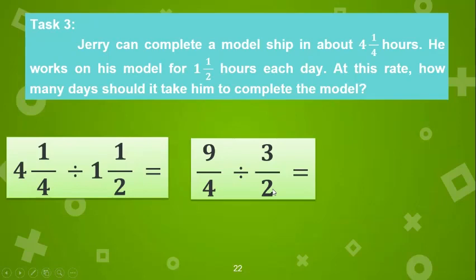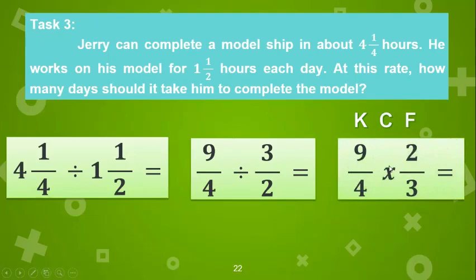Copy denominator 2. Now let's apply the KCF. You have to keep the first fraction, change the division sign to multiplication, and flip the second fraction. The reciprocal of the second fraction, 3/2, will be 2/3.